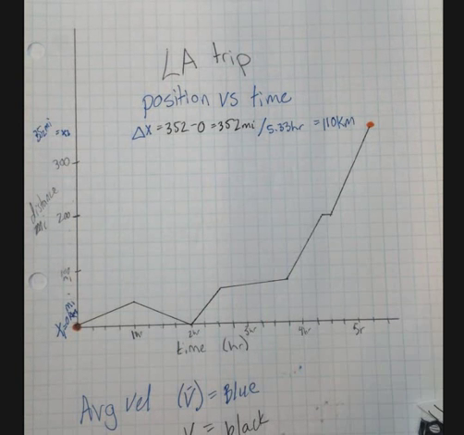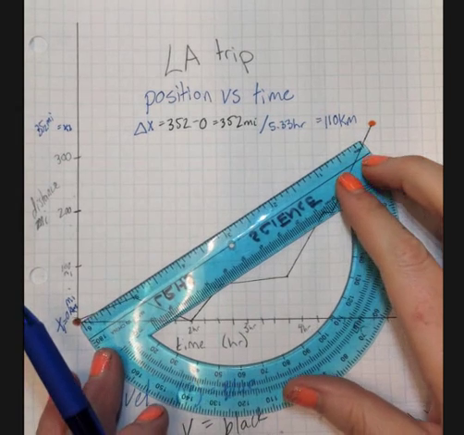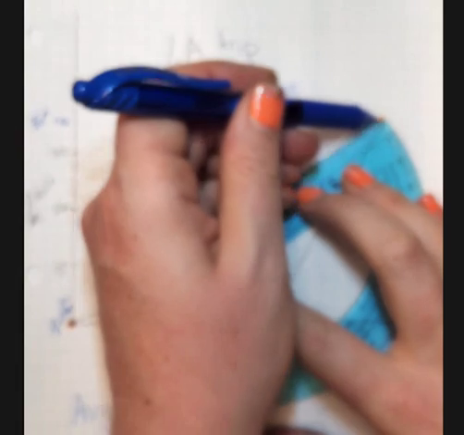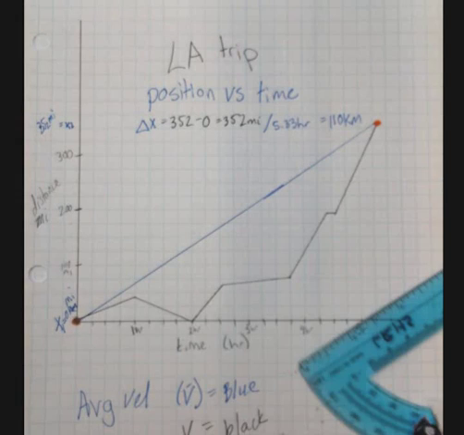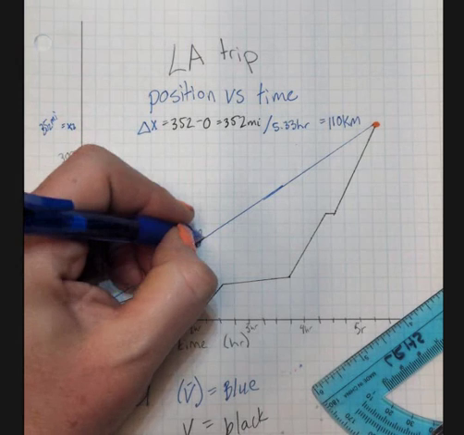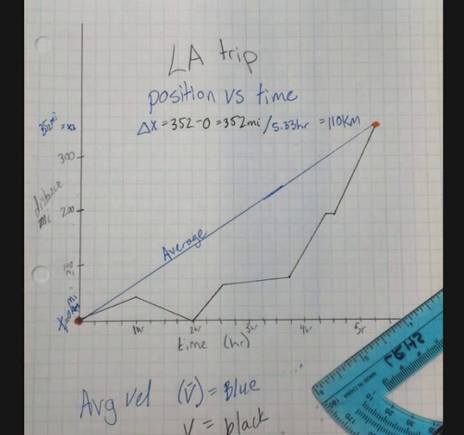That could be represented by an average velocity line just like this. This is the average of this entire trip, right? Those two lines are equivalent.